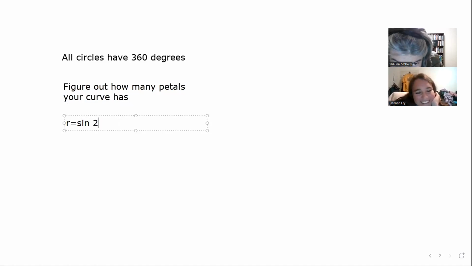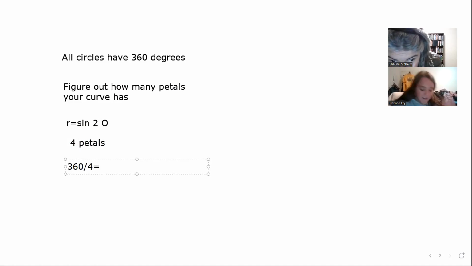Now, how many petals does this have? 4. This has 4 petals. Now, take 360 degrees and divide it by 4. Tell me what you get when you do that.